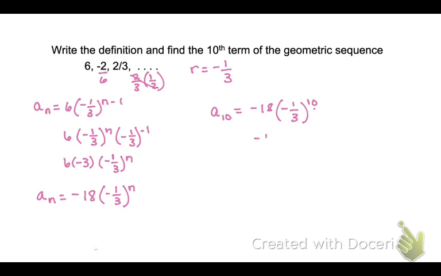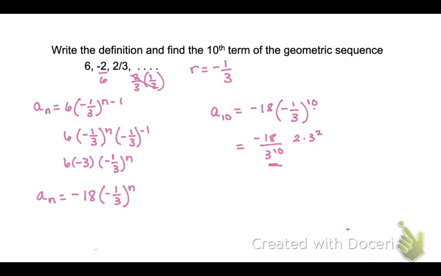So I'm going to have negative 18 divided by 3 to the 10th. Is there a 3 in 18? Yeah. There's 2 of them, right? Because 18 would be 2 times 9, which would be 3 squared. Or 6 times 3. Well, yeah, but why do I want 3 squared? What's the bottom? 3 to the 10th. So I'm looking for 3s so that I can reduce out.